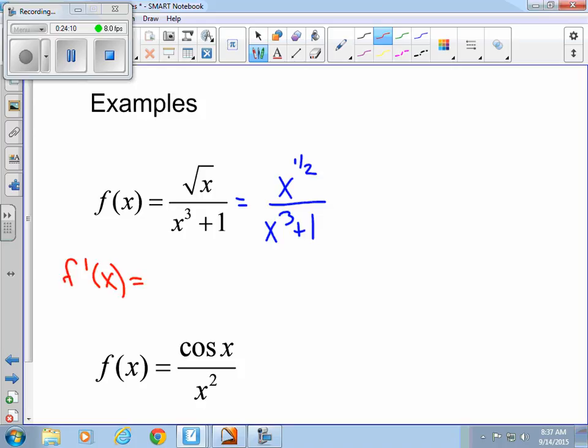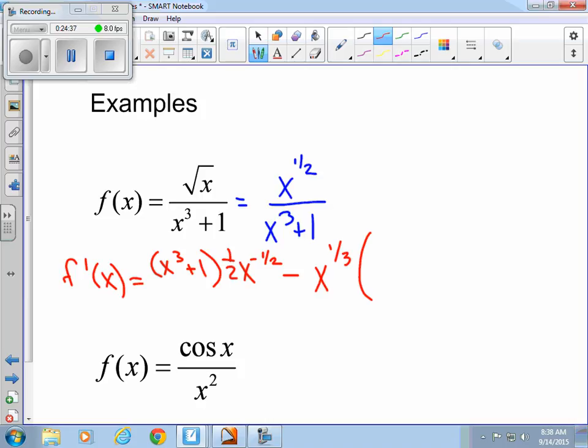Okay? And then how do you do the derivative of a quotient? Low, which is x cubed plus 1. D high, derivative of the top. What is the derivative of x to the 1 half? Minus top times the derivative of the bottom.